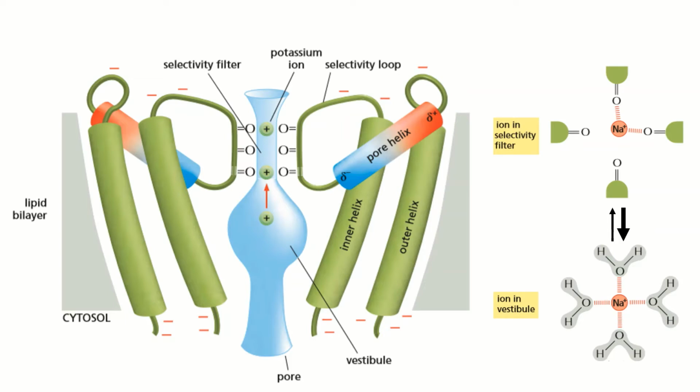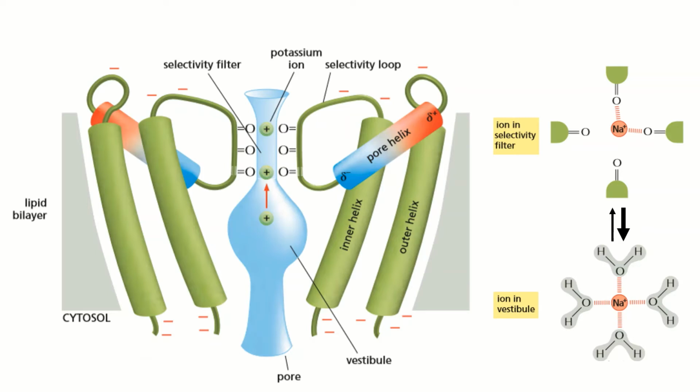As it passes through the selectivity filter, only two oxygen residues, for example, are able to hold it, and so it is unstable as it passes through that area of the channel. The result is it is expelled back into the cytosol of the cell, meaning it is not allowed to continue moving through to the outside of the cell by the potassium channel.